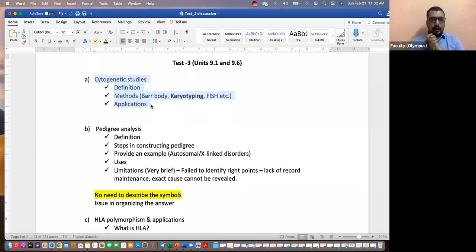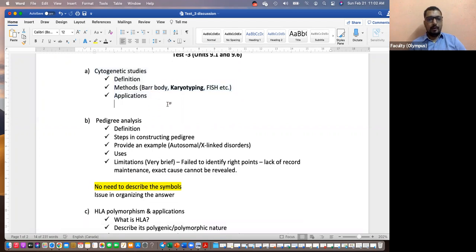I think overall, structure wise, you're all doing well. I'll highlight a few specific problems that you all had. In cytogenetics, I think you all talked about bar body, karyotyping, FISH, and applications. The only thing I felt was when you discussed the bar body, some of you talked about identifying the gender, or identifying genetic problems, which is all right.